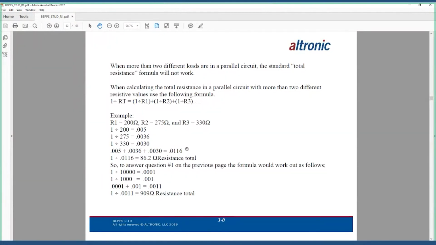So now we take 1 divided by 0.583 or 0.57. Anybody want to share their answer?